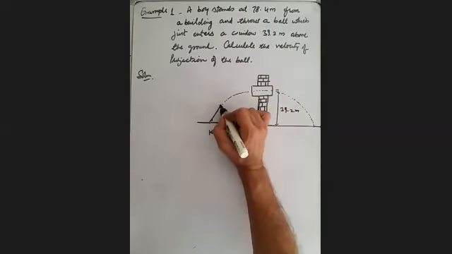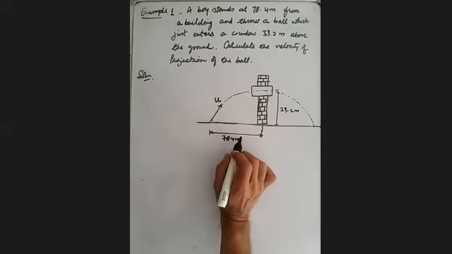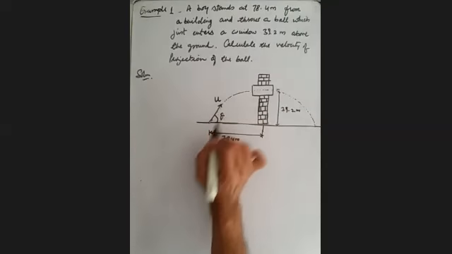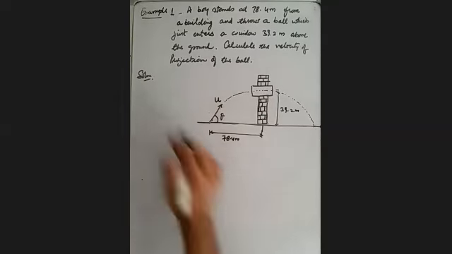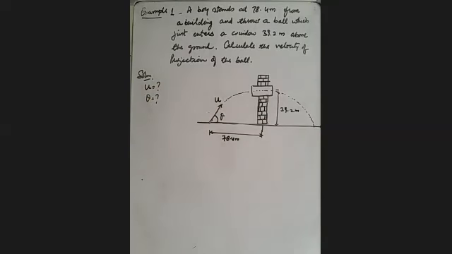So this is the initial velocity with which he is throwing the ball. Let us suppose u is the velocity and it is being projected at an angle of theta. So we have to find out u and theta, because for the initial velocity we want to find the magnitude as well as the direction in which the ball is initially projected.